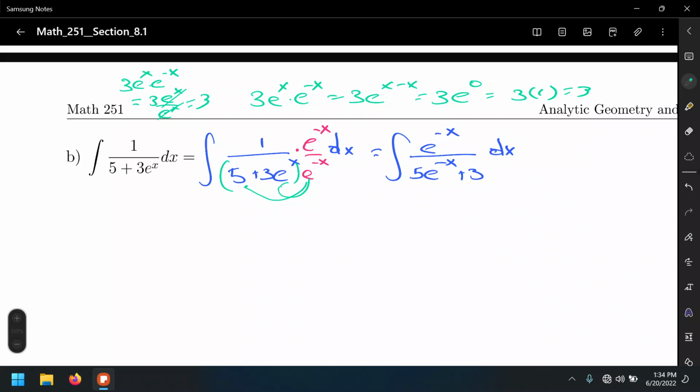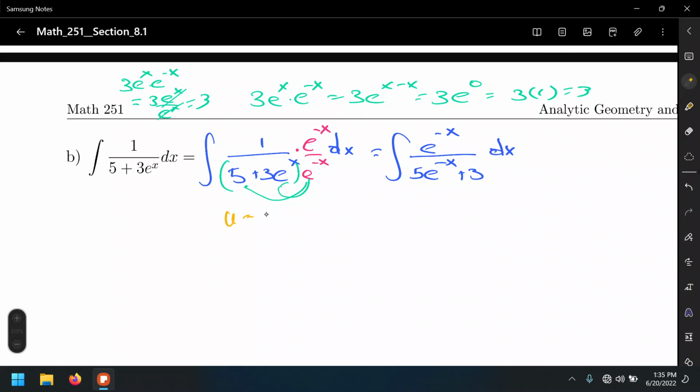All right, so I believe in this case the u du is going to work a lot better than last time because the derivative of the exponential right here, 5 e to the negative x, will involve that e to the negative x, which actually is now multiplying with the dx, isn't it? So let's go ahead and do that.